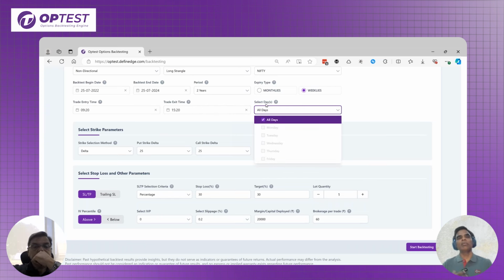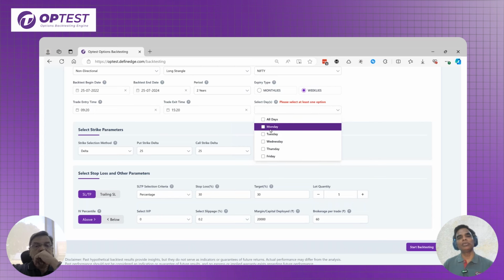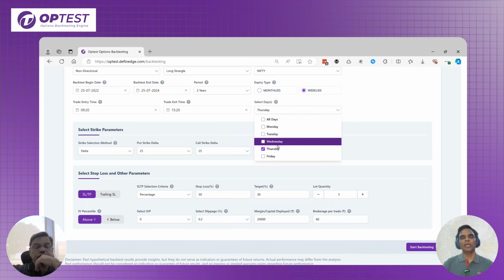Okay. Now it is all days. So let's say somebody wants to test a strategy on all days, not just on one particular day. Then by default we select all days. So we are entering this particular strategy each and every day when the market is open. But if somebody wants to do a particular strategy only on Thursday, the expiry in the case of Nifty, or some other day in the case of Bank Nifty, you can do that.